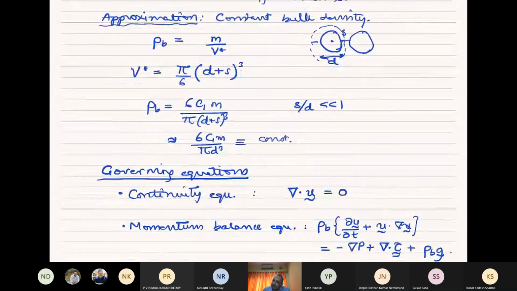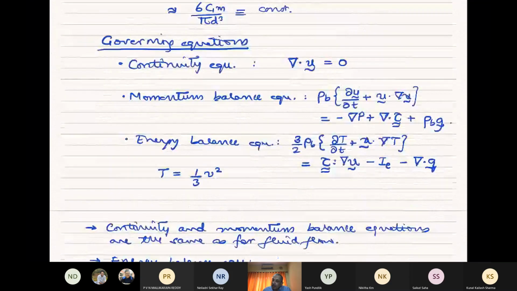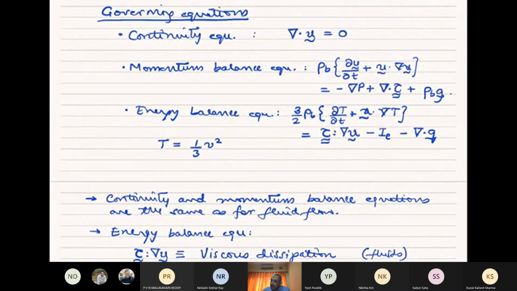Then we define this parameter S, which is the spacing between particles, and we take the spacing to be very small compared to the diameter. And so that's why the bulk density is a constant. And then we can write down the balance equations, which is exactly the same as for fluids, except for this one term, which is due to inelastic collisions.